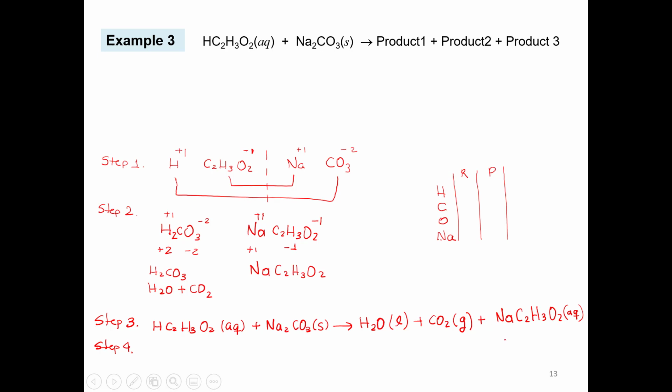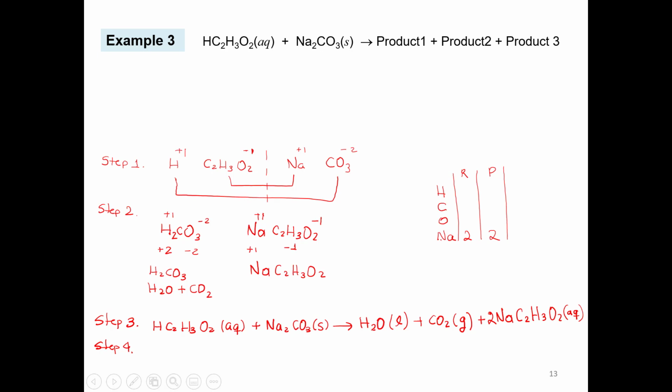Then what we need to do is just multiply the sodium acetate by 2. Then we will get the same number of atoms on both sides of the equation. And now we can check hydrogen. Let's see how many hydrogens we had here. We had 4. And how many on the product side?